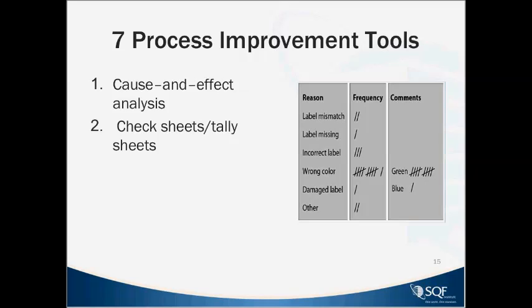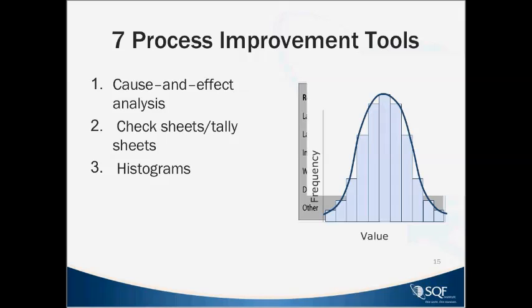The other one, a very simple one, check sheets or tally sheets where you're looking at, say, some of the examples here are defects and the correlation of defects. So it's a quick and easy type of tool that basically allows you to then prioritize and correct some of the problems that you might be seeing in that. This can also be used to help you with histograms that we're also going to talk about, and there's the histogram there, which is a bell curve.